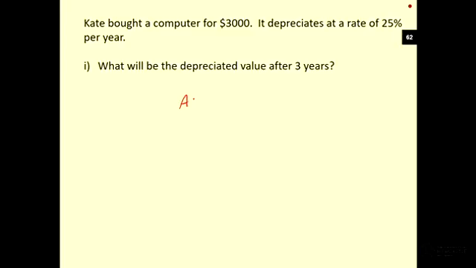So if my formula is exactly the same, but it's depreciation, so I'm taking the rate off the 1, what would be the depreciated value is the new value. The principal value of this computer was $3,000. It's 1 minus a rate of 25%, which is 0.25, to 3 years. So note, everything will be per years for depreciation, which makes it a pretty nice question.